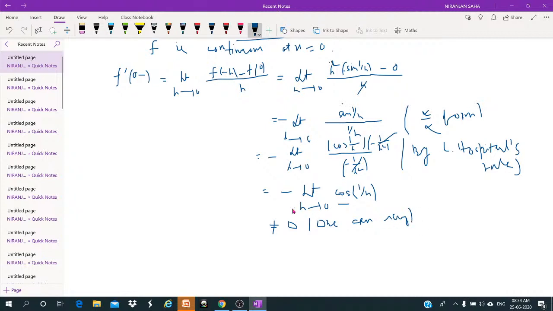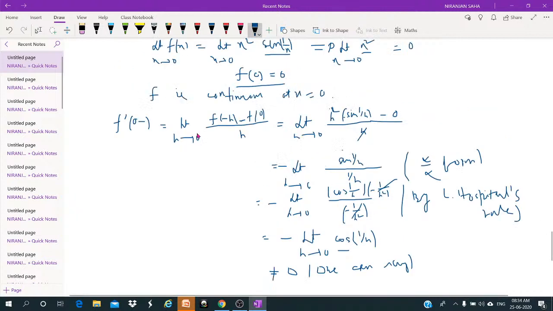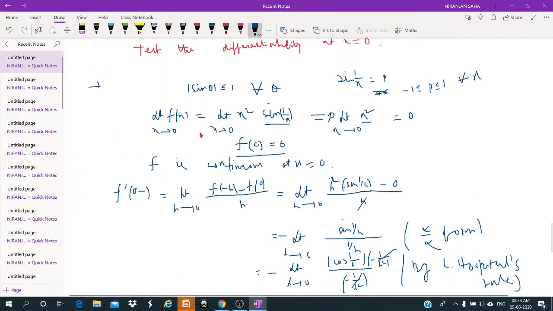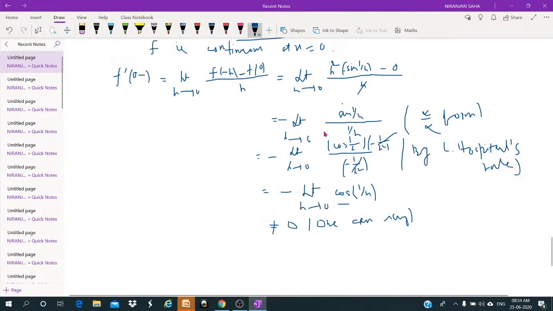So for the left hand limit we are finding this, the right hand limit will also be the same, but without the negative sign.